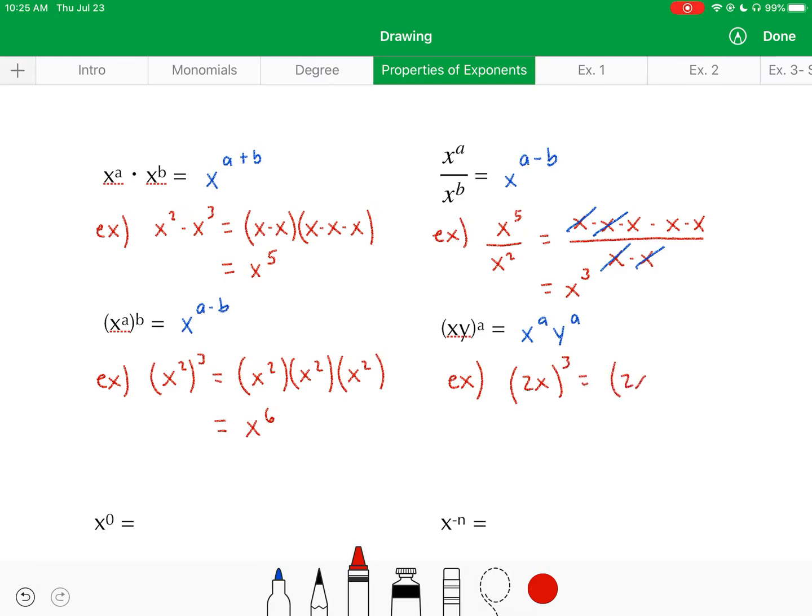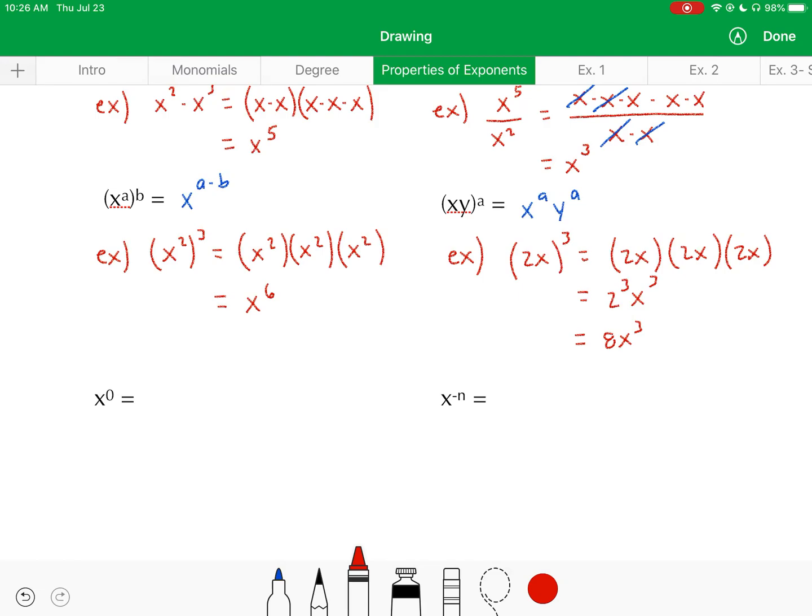So that means 2x times 2x times 2x, right? Well, notice you'd be multiplying 2 a total of 3 times, so that's 2 cubed, and also x cubed, which gives you 8x cubed. All right, so notice the shortcut is just take 2 and cube it, take x and cube it to get to your simplified expression.